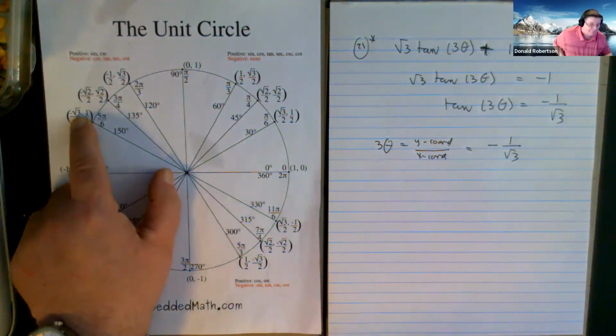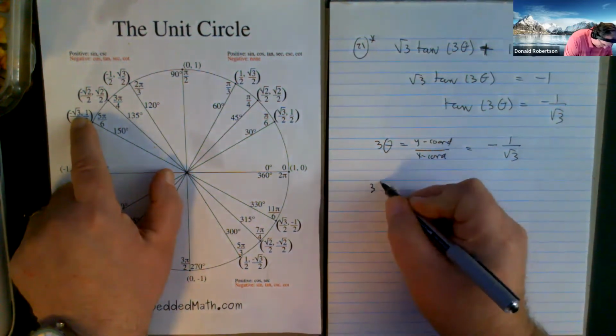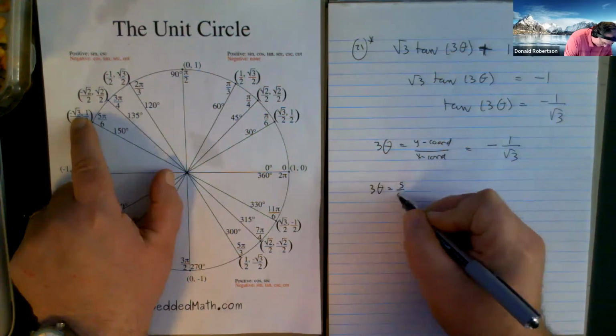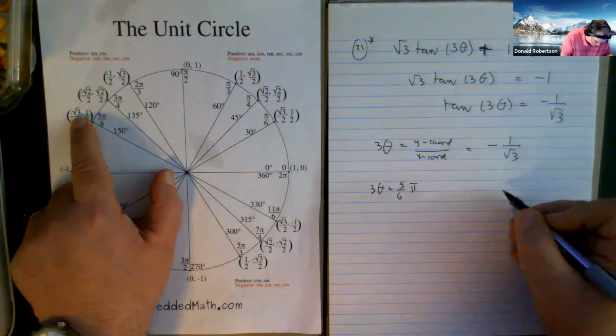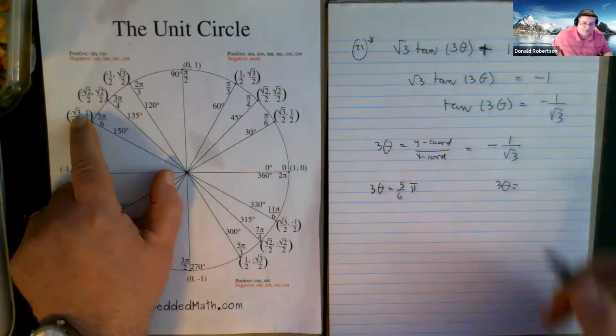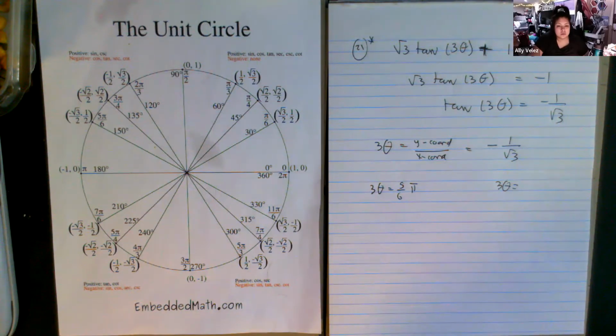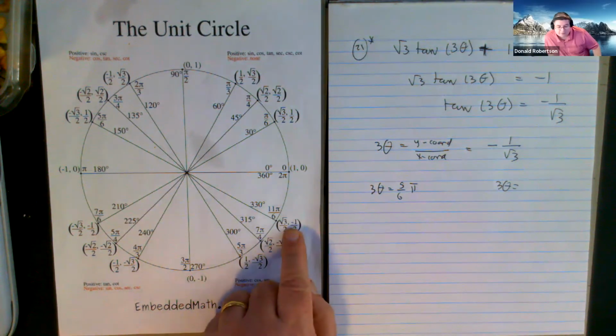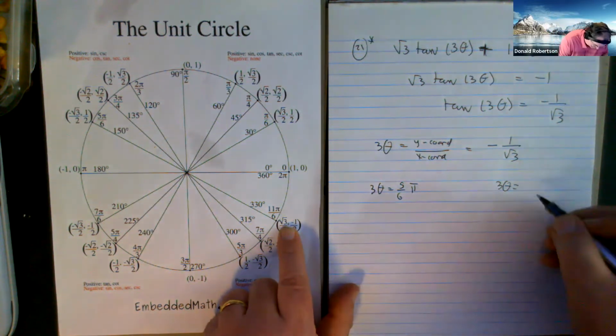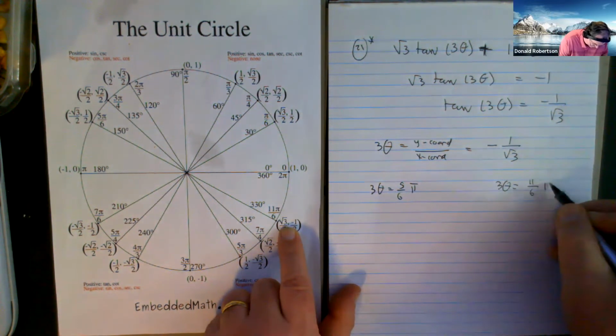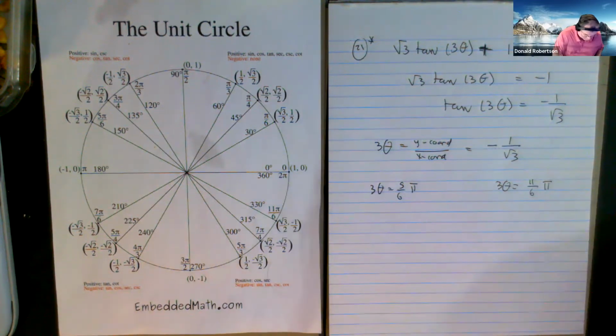So that's 5 pi over 6. Where's the other one? 11 pi over 6. Check it out. See it? Negative 1 over root 3, which is 11 pi over 6, which is good.